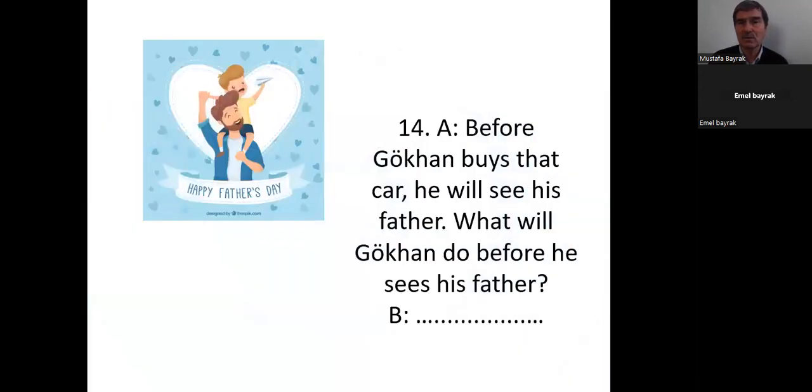Now, dialogue 14. Before Gökhan buys that car, he will see his father. What will Gökhan do before he sees his father? Gökhan will telephone the owner of the car before he sees his father.